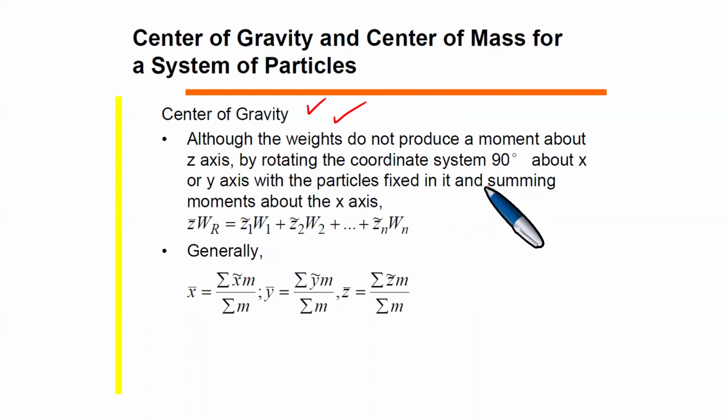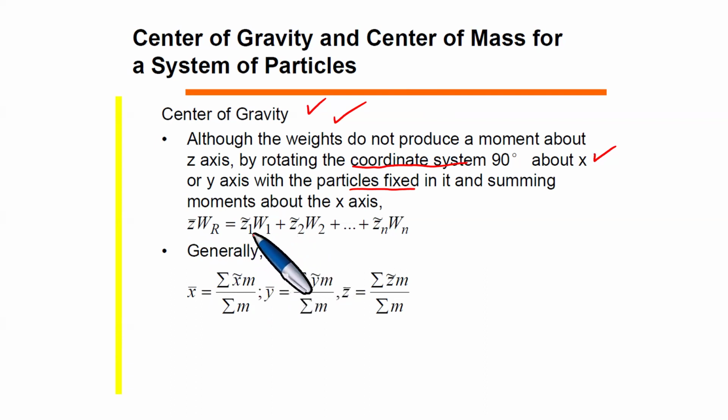By rotating the coordinate system 90 degrees about the x or y-axis with the particles fixed in it, and summing moments about the x-axis, we are then able to obtain the center of gravity associated with the z component, which is z bar wr, which is z1 tilde w1, plus z2 tilde w2, and so on.